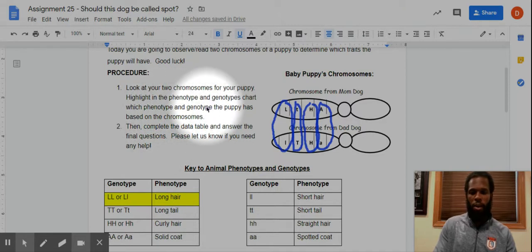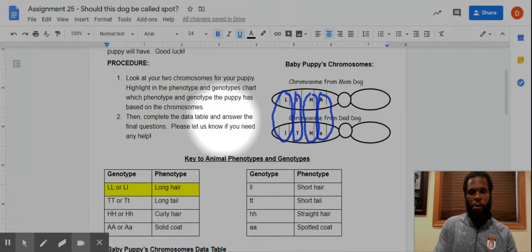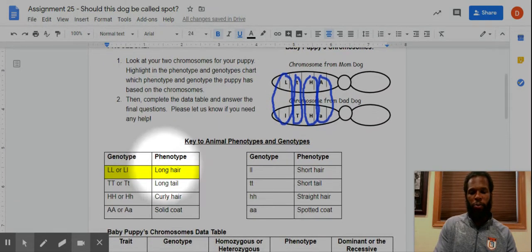Genotype is the code for that physical trait. So first we have from mom capital L, lowercase l. Then we see that's already highlighted. Capital L, lowercase l, that is going to be long hair. That's going to be dominant as well too. Remember, one capital letter means it's dominant.